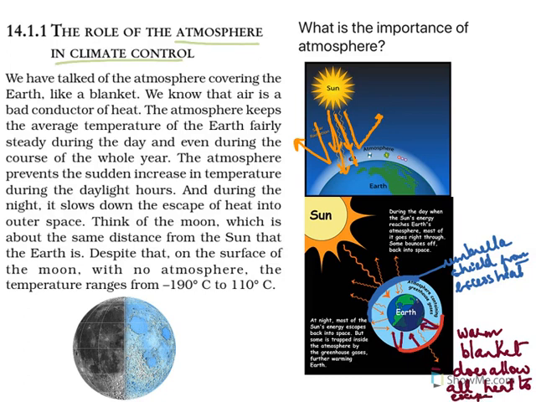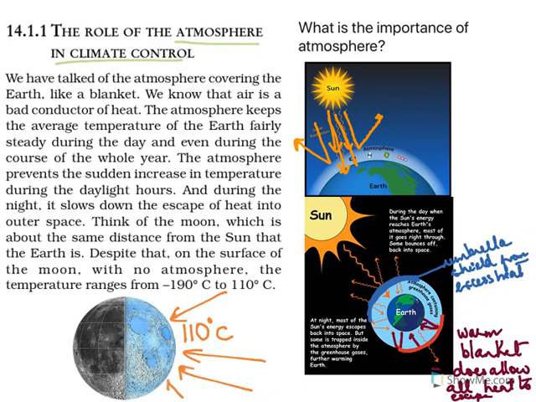That is why, when you compare the earth to the moon, which is quite close to us, on the moon during the day the temperatures are as high as 110 degrees Celsius. It gets very hot because the sun's rays directly fall on its surface.